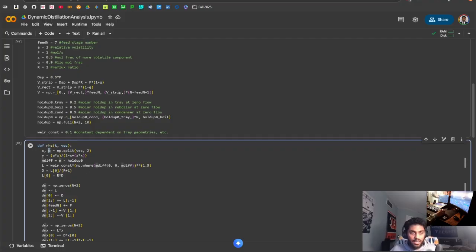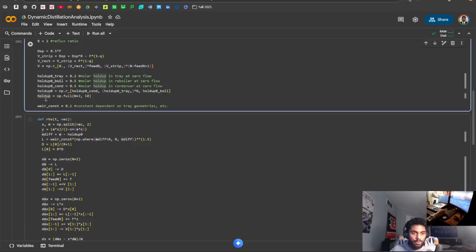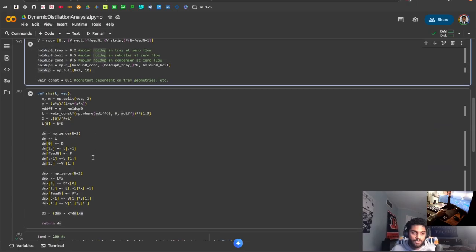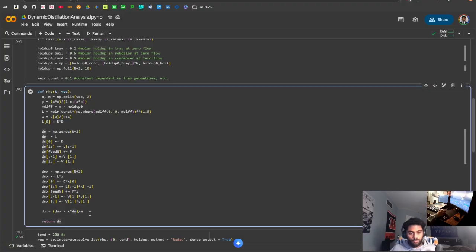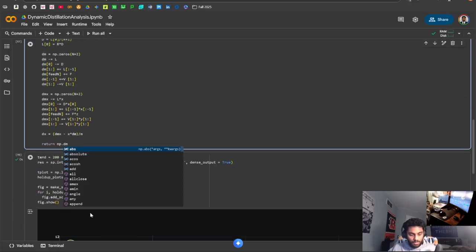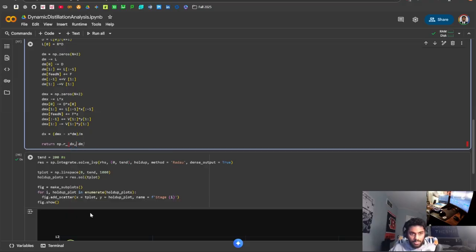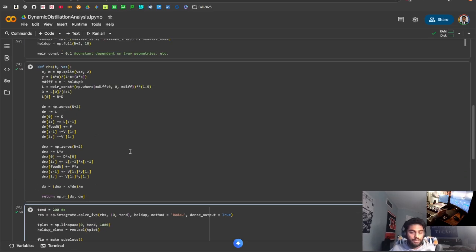I changed this to m to avoid confusion with our holdup up here, just making sure that that stays discrete. So what we're going to do is return a row concatenation of our dx and dm.